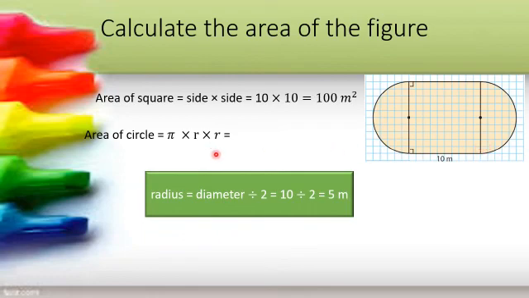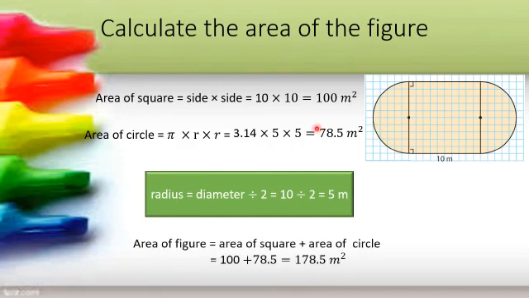So area of a circle is equal to 3.14 times 5 times 5 equals 78.5 meters squared. Now we can calculate the total area of the figure, which is equal to the area of the square plus area of the circle. It's equal to 100 plus 78.5 equals 178.5 meters squared.